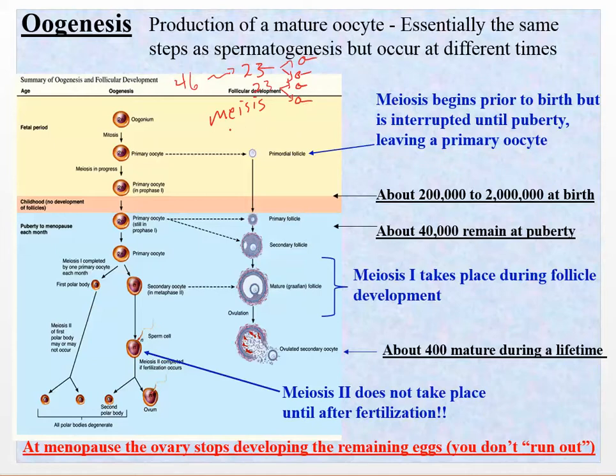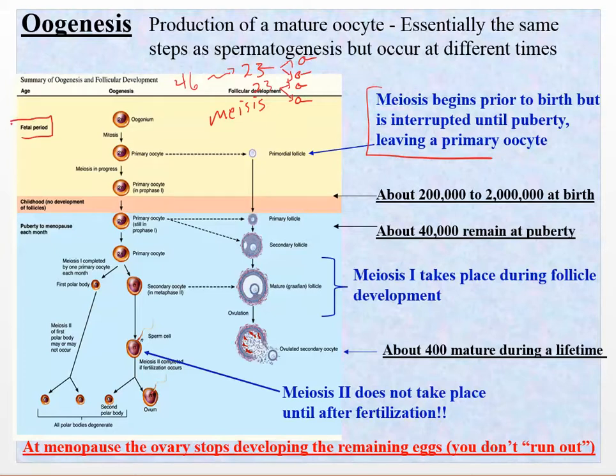It's a little bit different, and the main difference you should know is, first of all, what I have highlighted here: meiosis in females begins before birth. That means that all of the eggs that will ever be produced start their first steps before birth, during the fetal period.